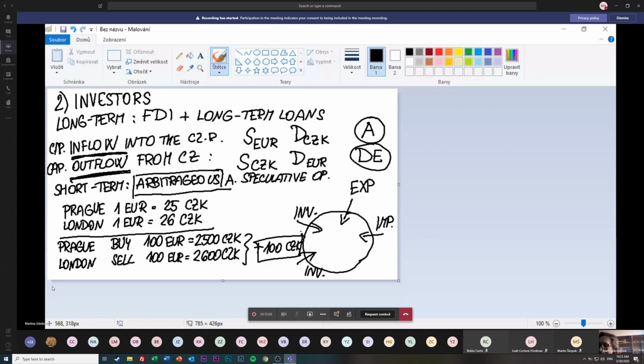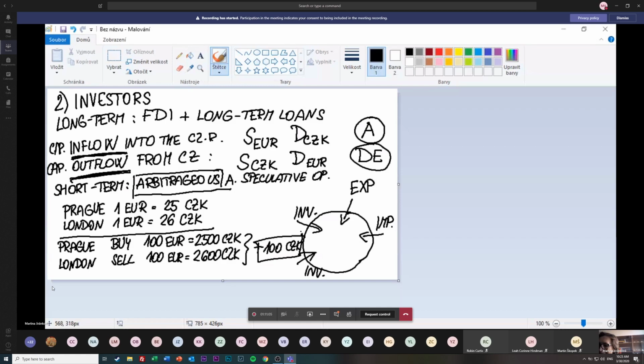So once more, I notice there is a difference in exchange rate at the same moment in two different places. So I can have some profit here. So I bought 100 euros in Prague and sold 100 euros in London. But it's not the finish, because in Prague, all investors are starting to do the same thing.